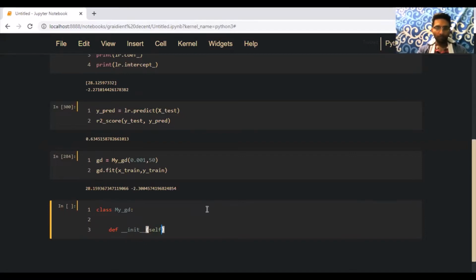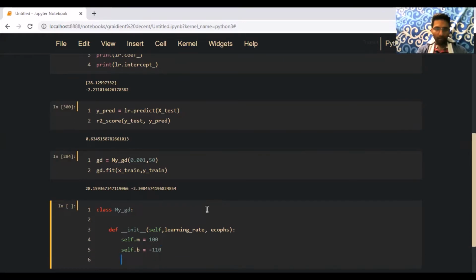It will be self, comma, I need learning rate and epochs, the iterations. I need these two things. Then self.m. As I said, my m and b will be initialized randomly. It can be any value. Suppose I take m equal to 100 and self.b equal to minus 110.